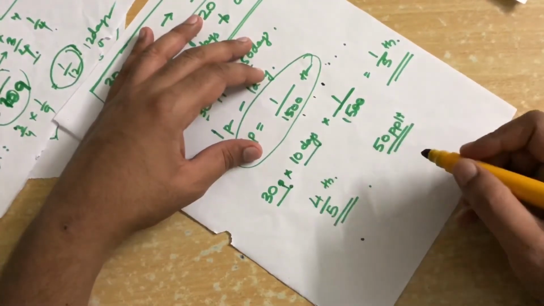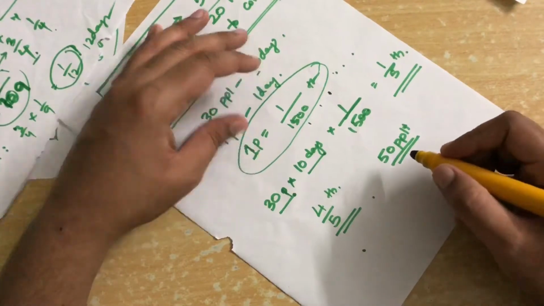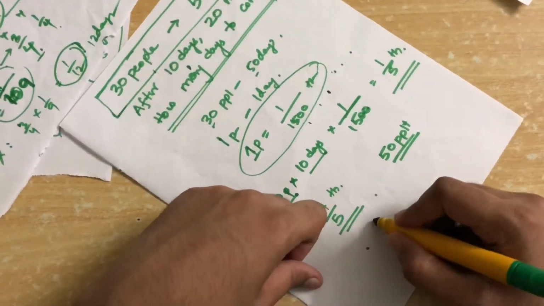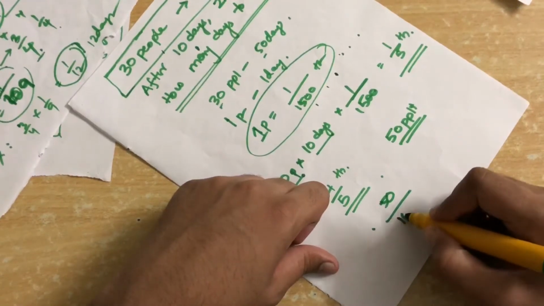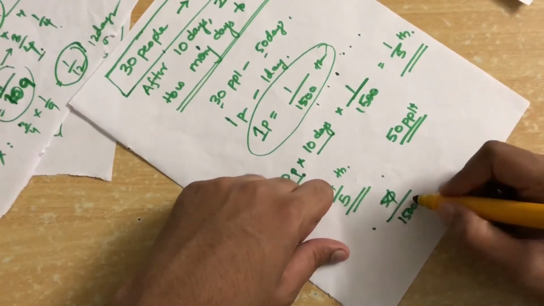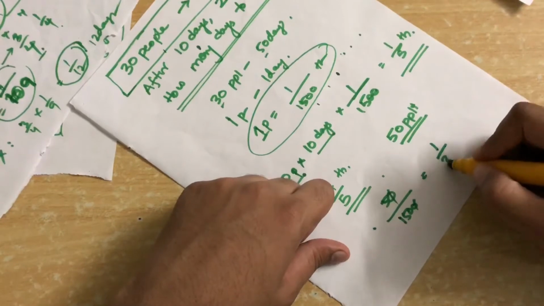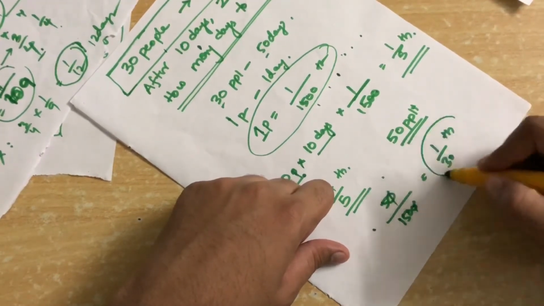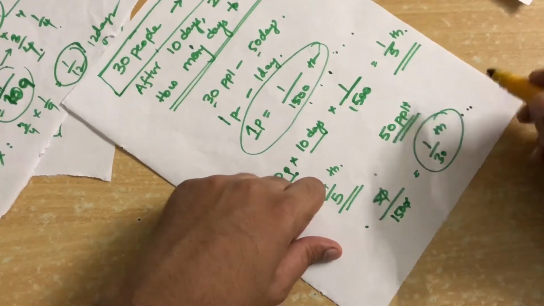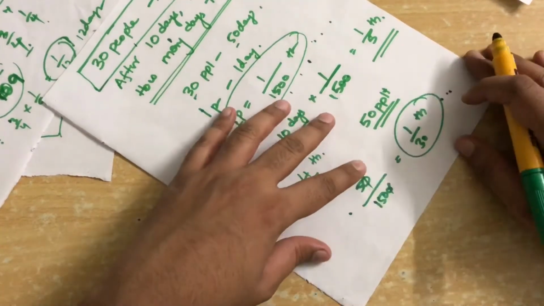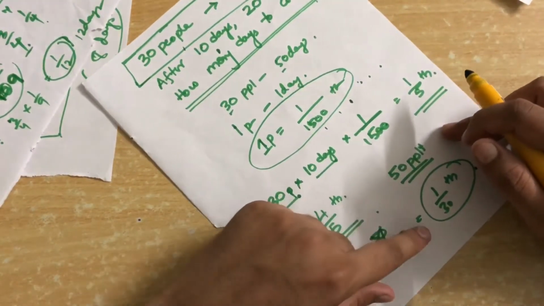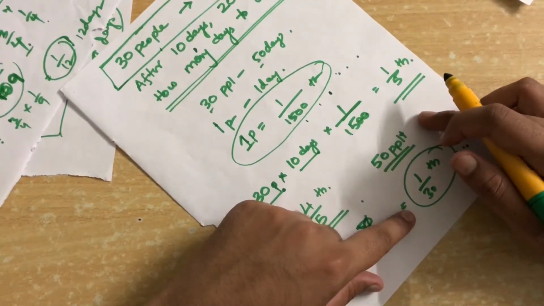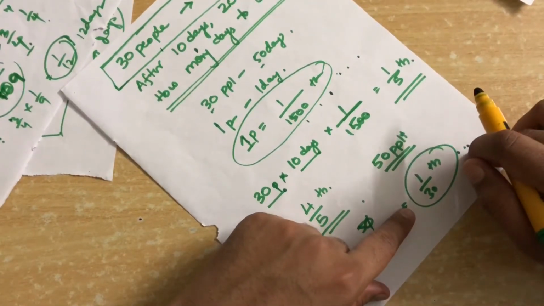So the amount of work that can be done each day now is 50 into 1 by 1500, that is 50 by 1500, which is 1 by 30th. So 1 by 30th of the work is done each single day when you have 50 people. So if you have 50 people do the work, you can finish the work in 30 days. Simple.